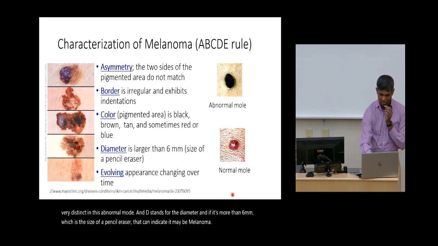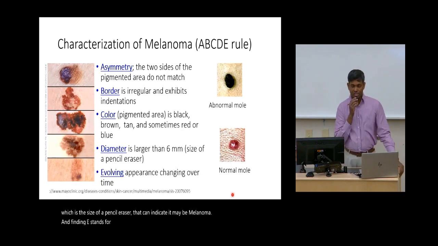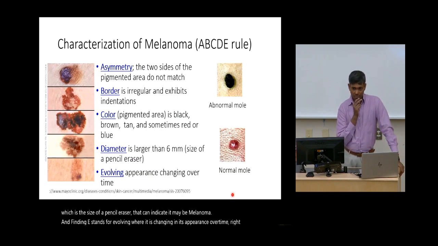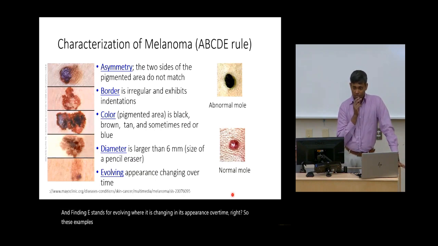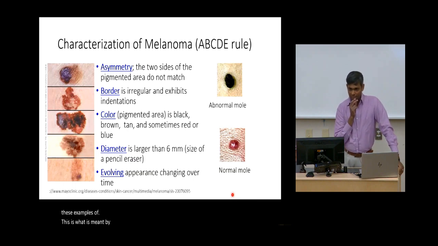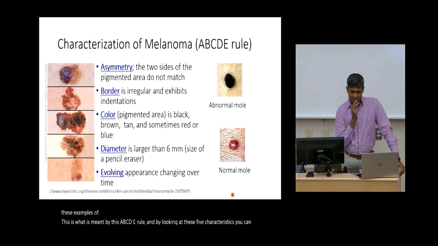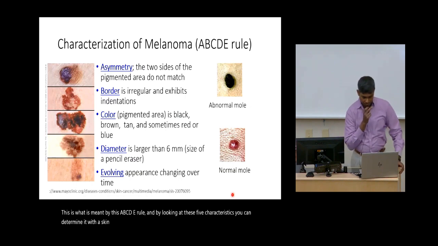And finally, E stands for evolving, where it is changing in its appearance over time, right? So this is what is meant by the ABCDE rule, and by looking at these 5 characteristics, you can determine if it's a skin cancer, melanoma, or not.